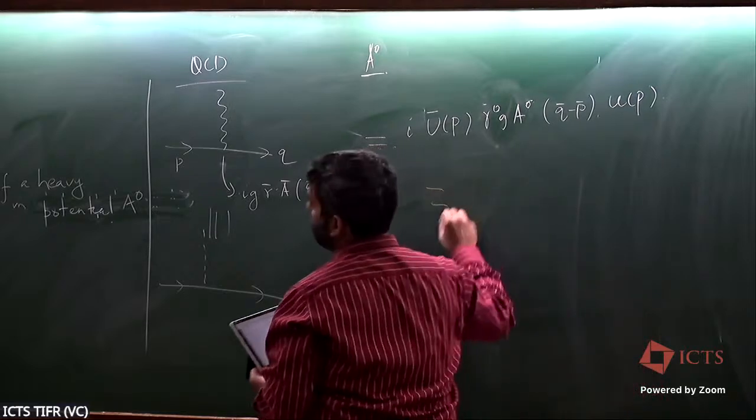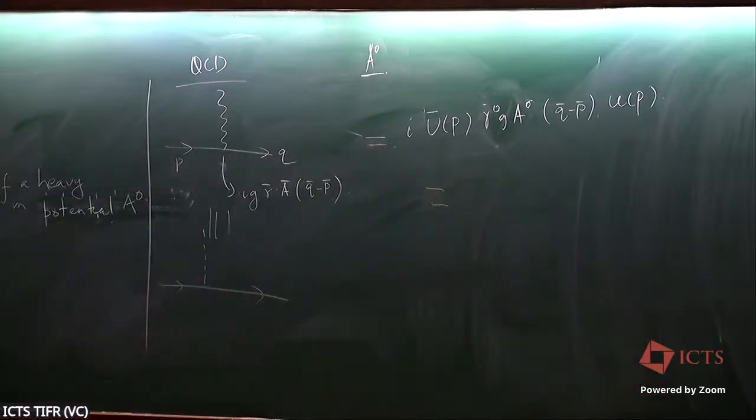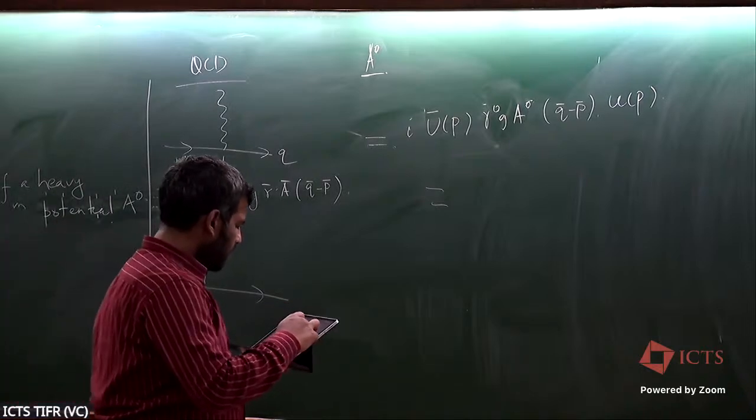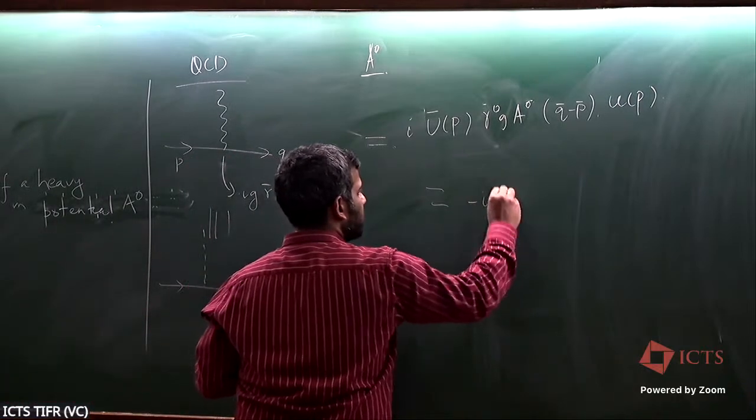Now if you use this expansion here for the spinors starting from the QCD, what you end up getting is something like minus U dagger.